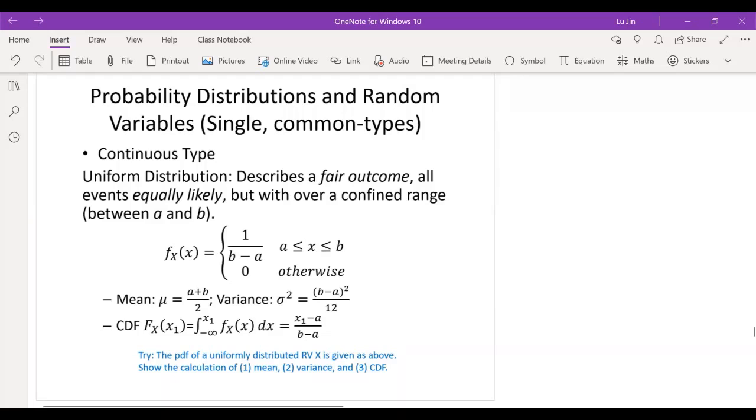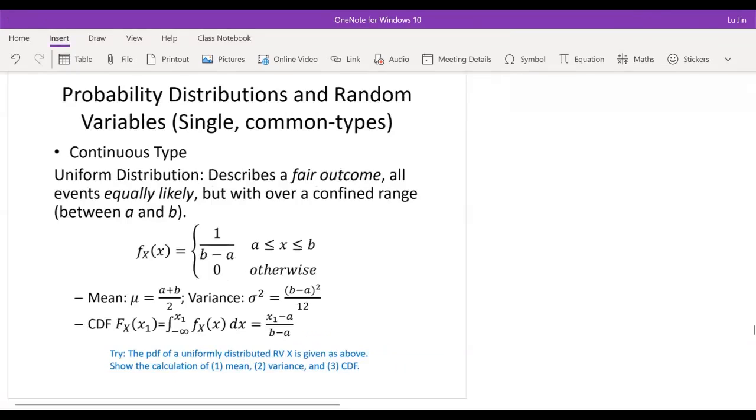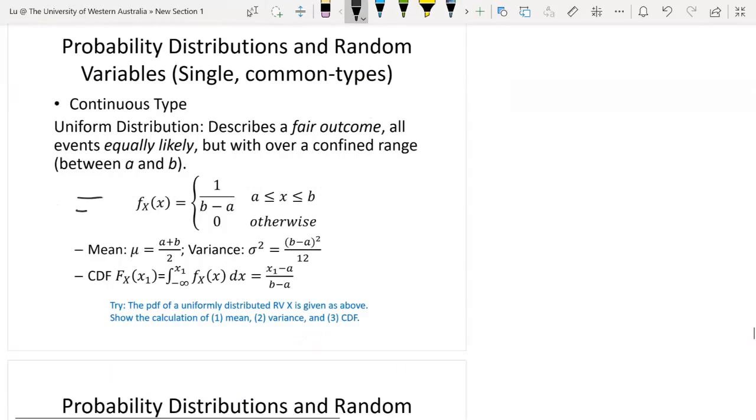You can see here in this page, maximize window, the PDF function of the uniform distribution is given here. The random variable is x. Its PDF function is divided into two parts. A and B are constants.